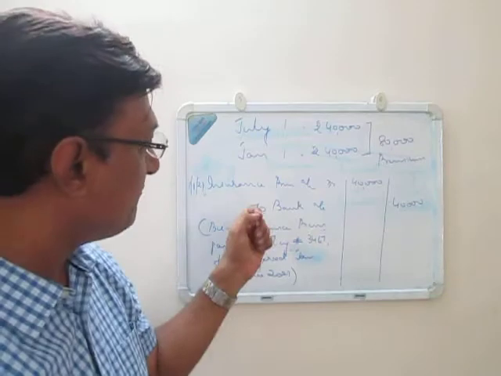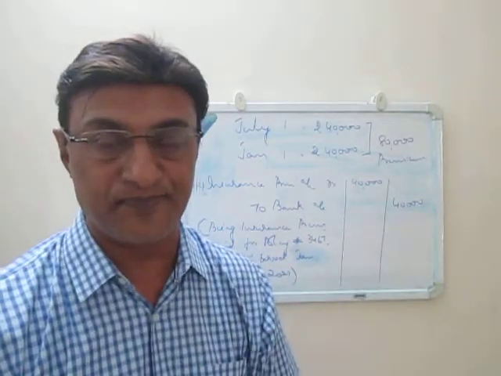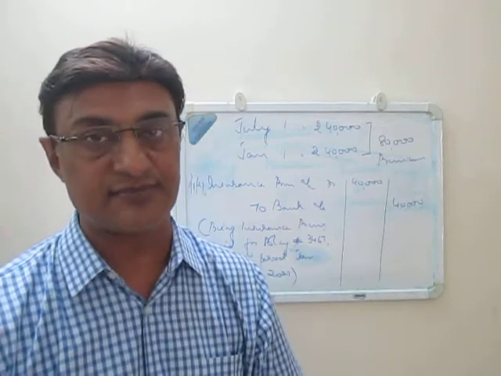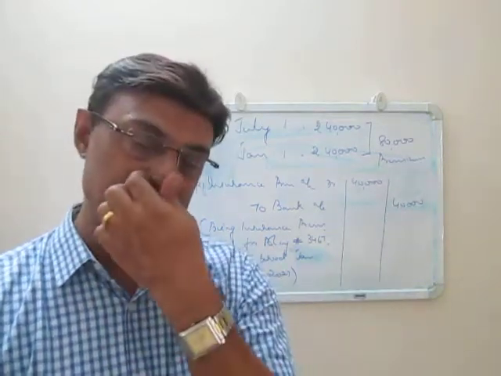So on March 31st, I recognize that out of this 40,000, there is a part which pertains to the next 3 months.